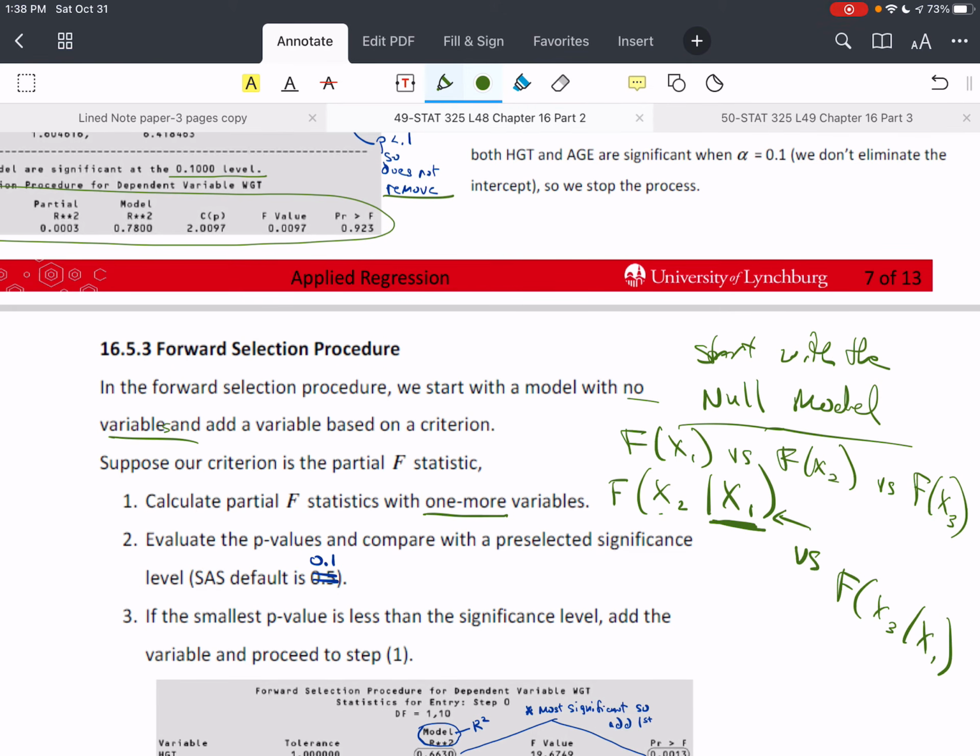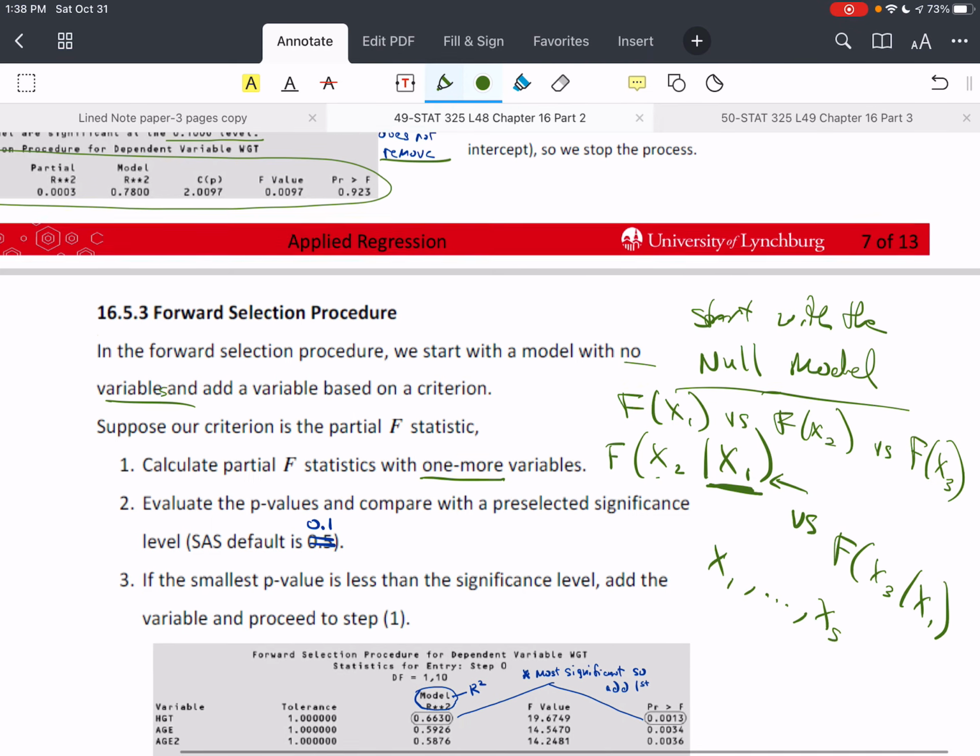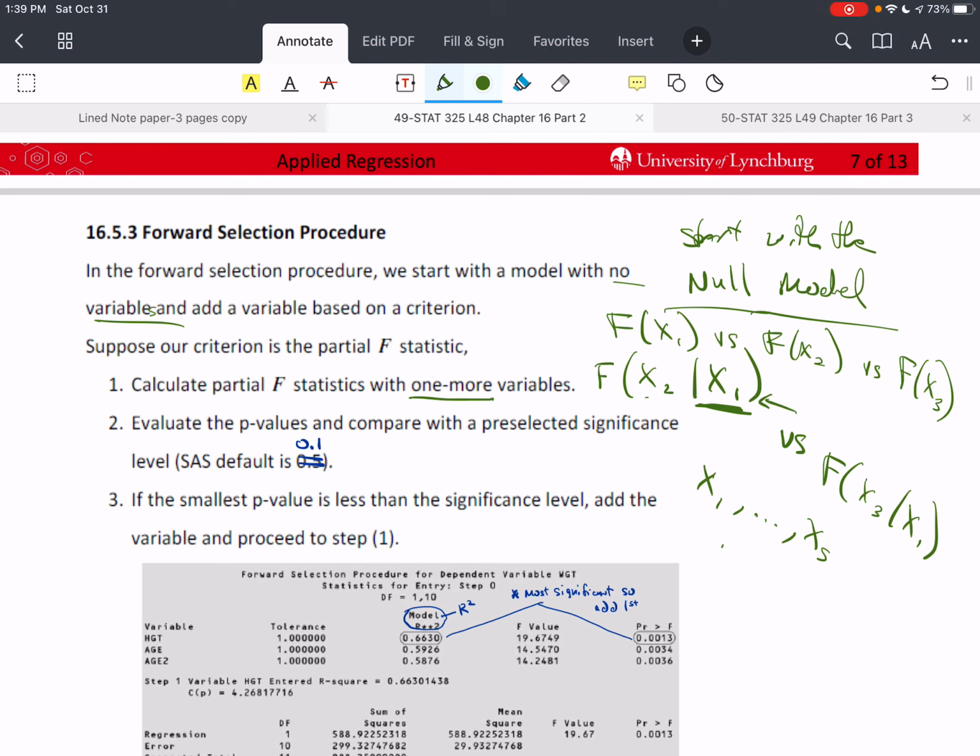And so if we had x1 to x5, then let's say first step, choose x1.